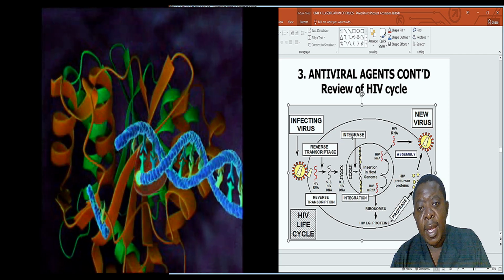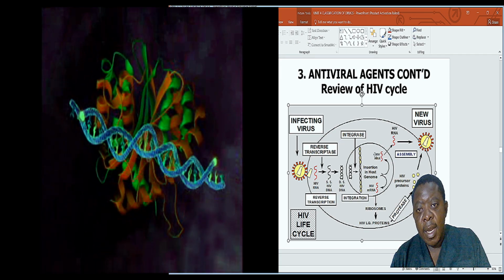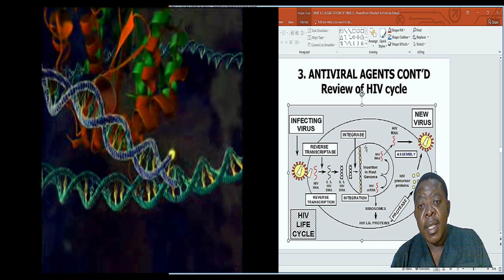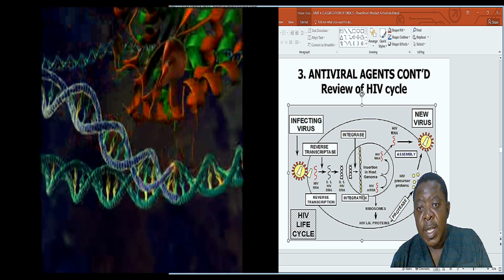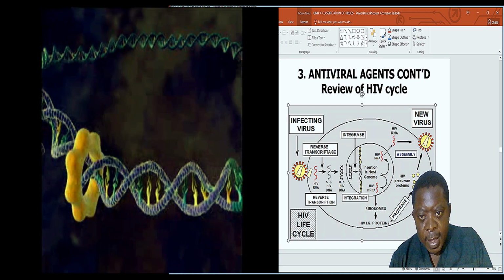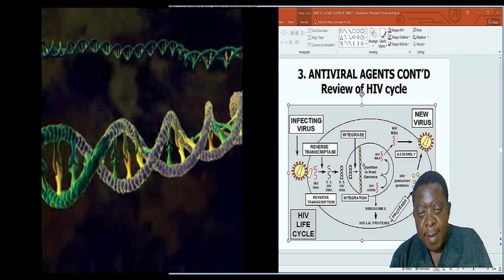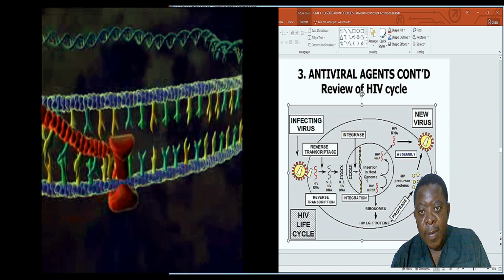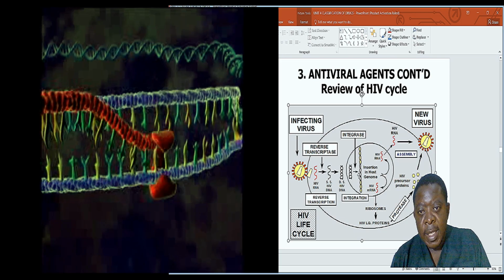Then we have integrase in the nucleus here, combining the newly formed HIV DNA material into the host DNA. So when you look at this part here, it's different from this host DNA material, which is the yellow in this representation. So there is insertion of the virus into the host genome.